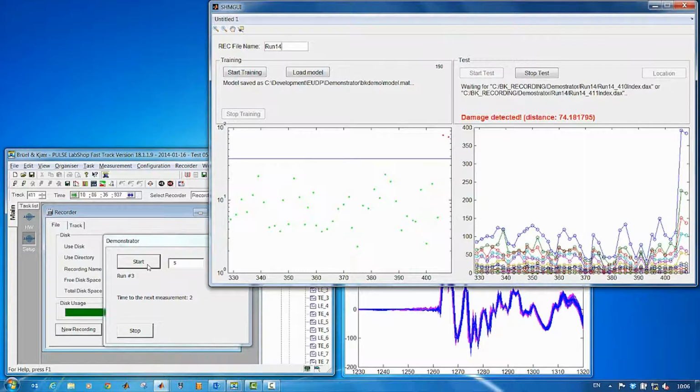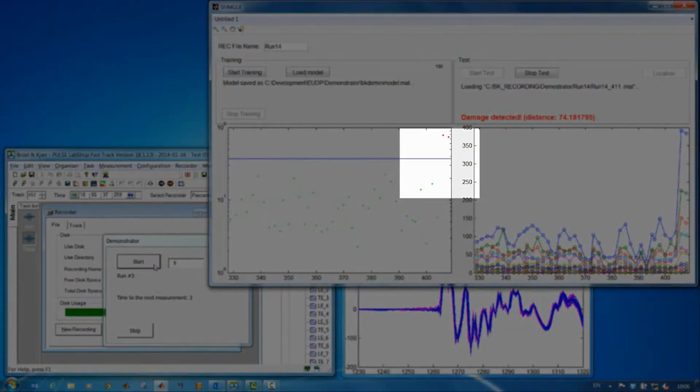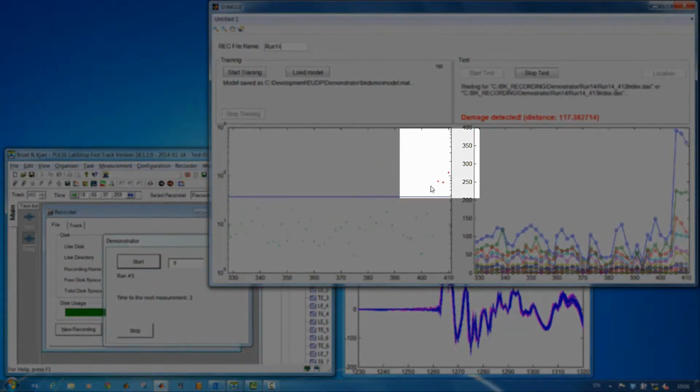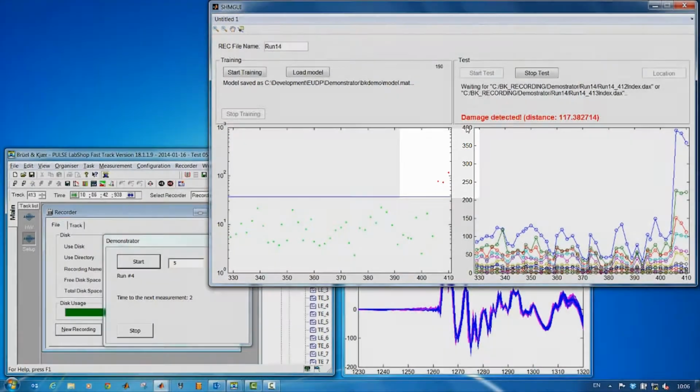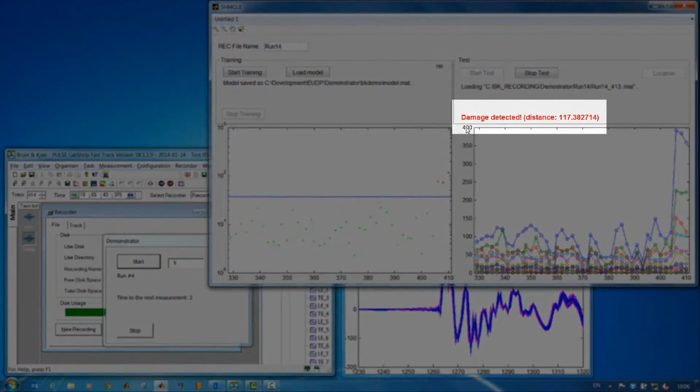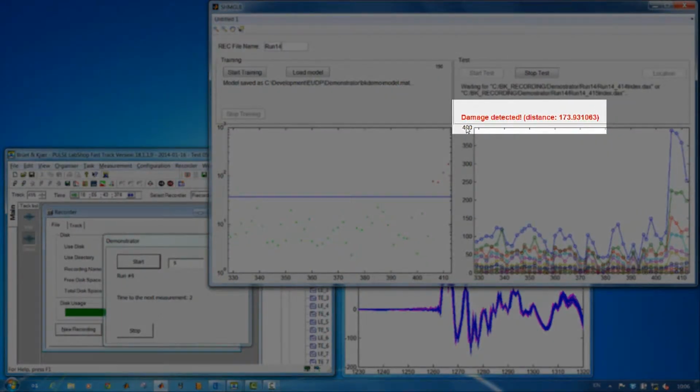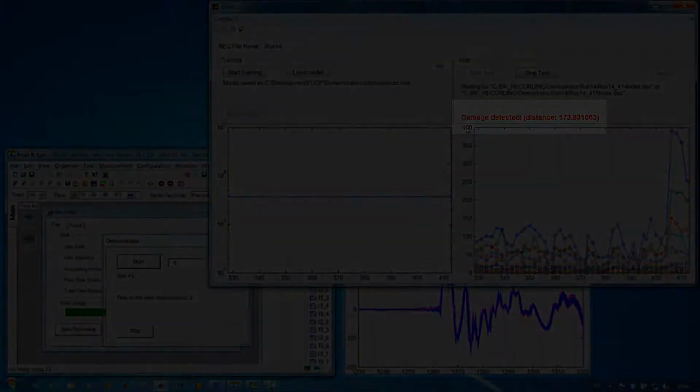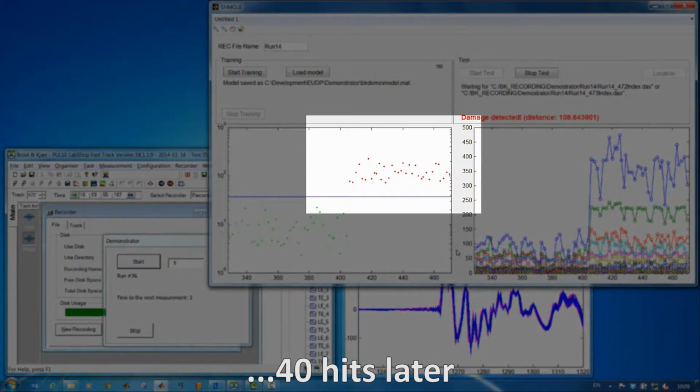As you can see, damage is detected and the red points show up here, and the classification algorithm says the damage is detected. After about 40 hits, we still see the damage is detected by the algorithm.